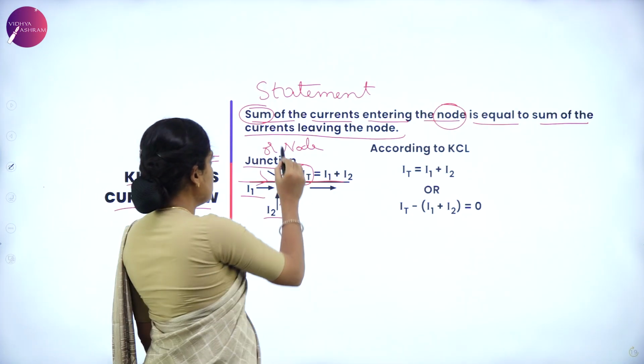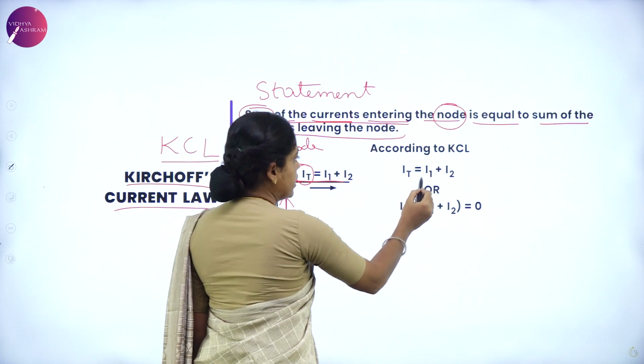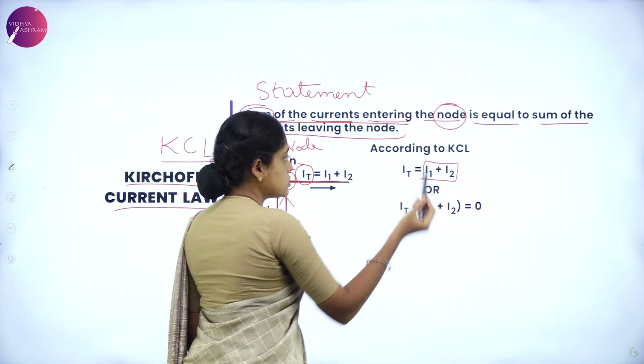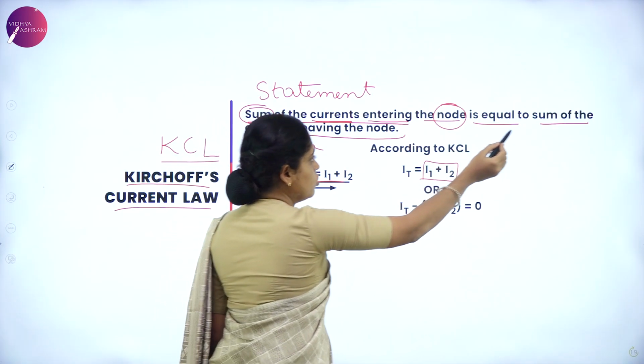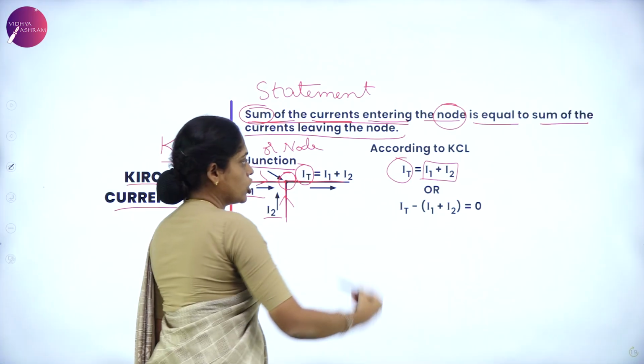According to KCL, the sum of entering currents I1 and I2 is equal to the sum of the currents leaving the junction or the node.